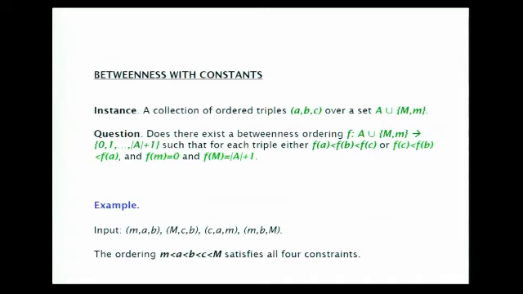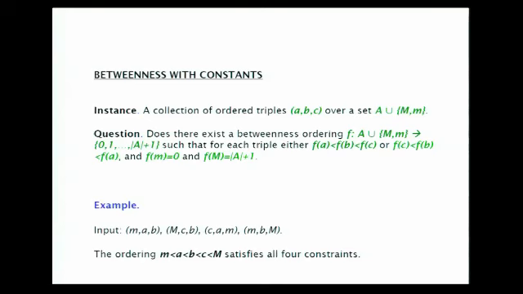And this version is called betweenness with constants. You're again given a set of ordered triples over A, and additionally you have 2 variables, lowercase m and uppercase M. And then you want to calculate a betweenness ordering such that again f(A) is less than f(B) is less than f(C), or vice versa.